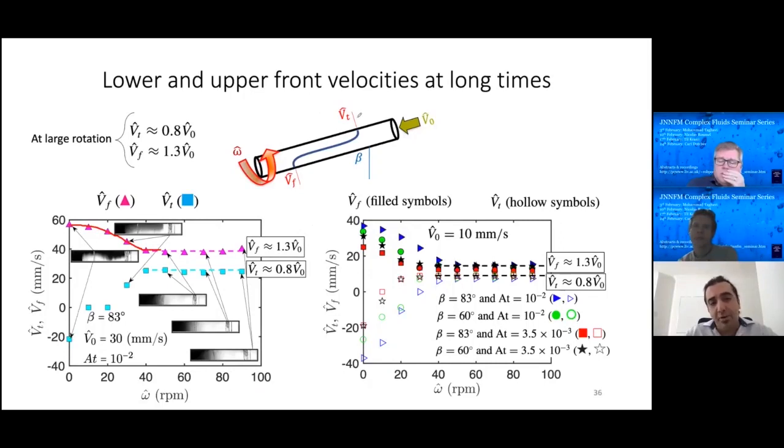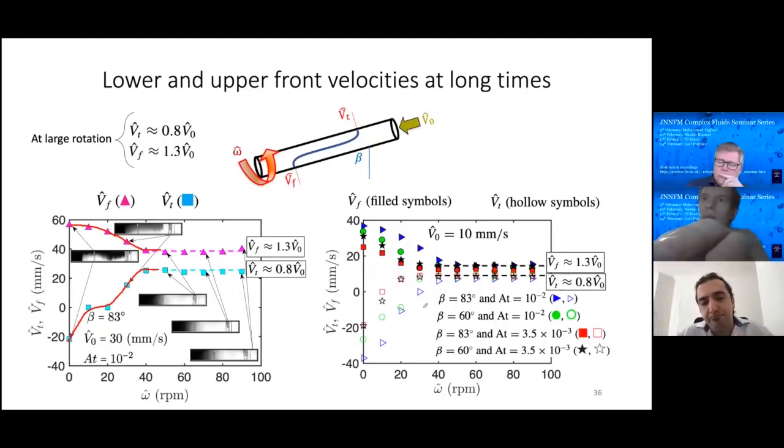The upper front velocity starts at negative values, crosses 0, goes to positive values, and eventually reaches a nearly constant velocity of 0.8 times v0. These constant velocities are thresholds representing where we transition to a regime of complete removal of the displaced fluid.